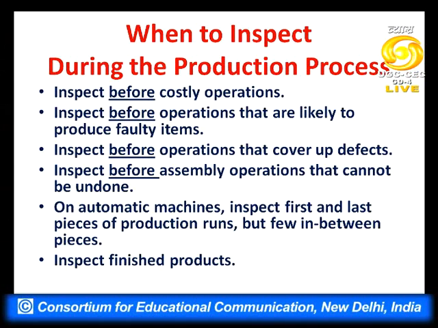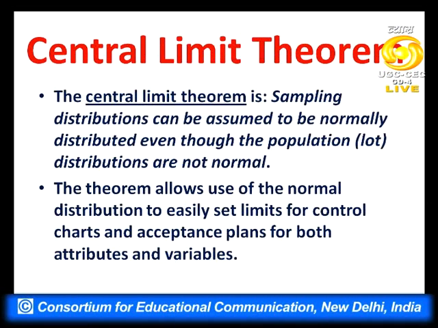Once it has been done, it cannot be rectified. So, we must check the products before assembly operations. On automatic machines also, inspect first and last pieces of production runs, but a few in between pieces should also be inspected, and then finally inspect the finished products.